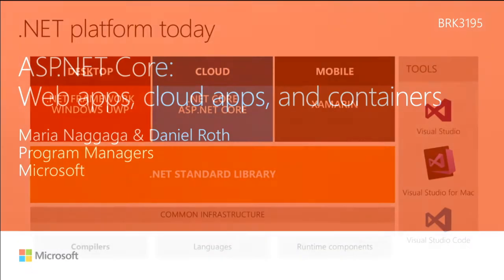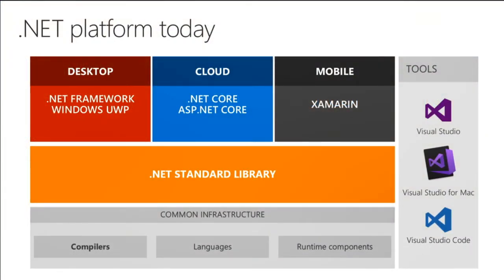So what is building a .NET application today? The .NET platform has grown, right? You can build a .NET Framework application and use Windows to target desktop. You can do UWP and all those cool HoloLens applications. We have cloud apps, which has things like .NET Core and ASP.NET Core.